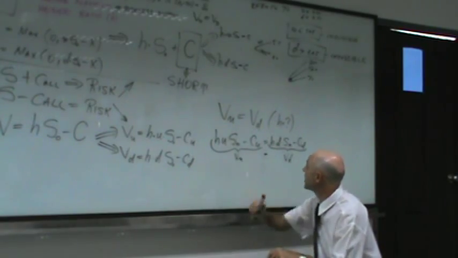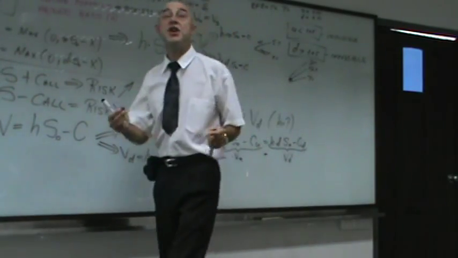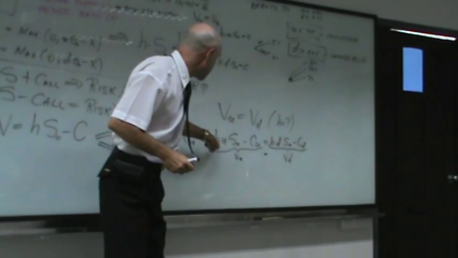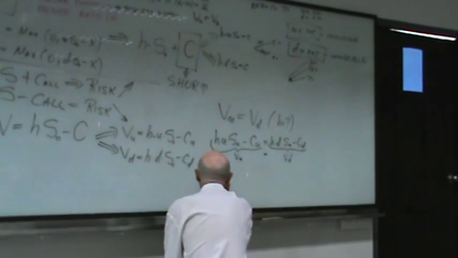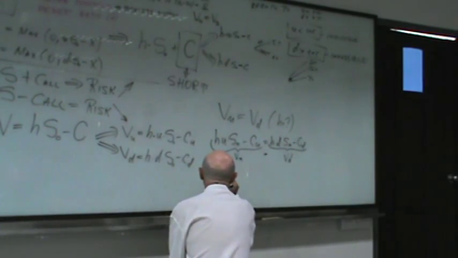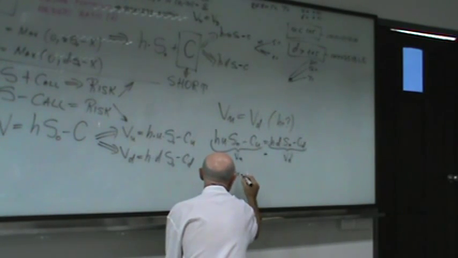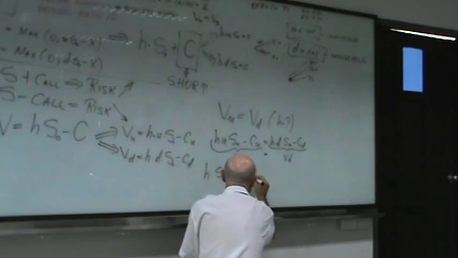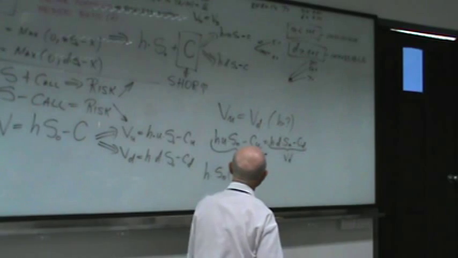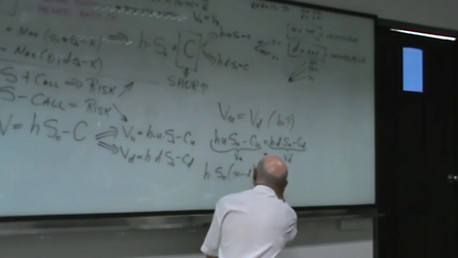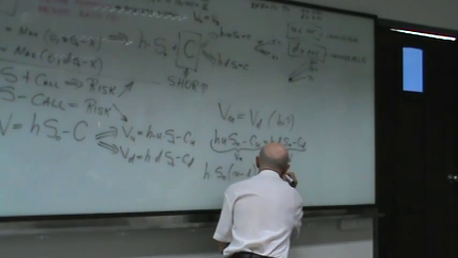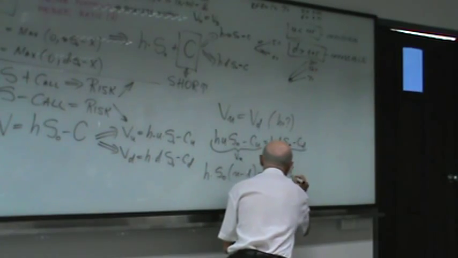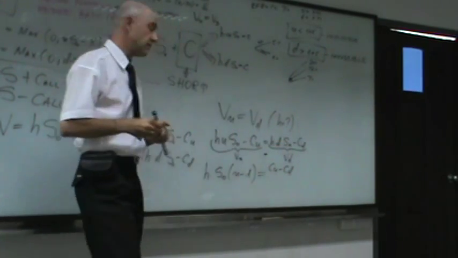And now we calculate for H. We take this one here, it becomes H times S0 times U. This one comes here minus D equals CU minus CD.